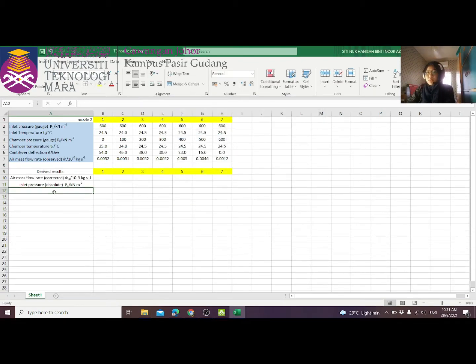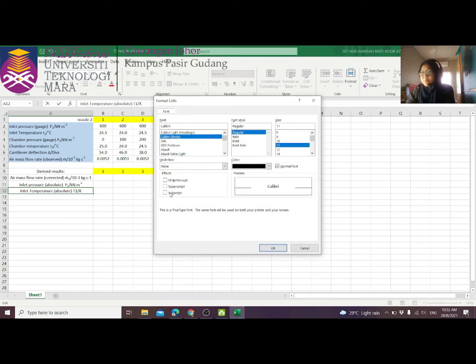Okay. Next is inlet temperature absolute, D1 over T. So this one should be subscript.